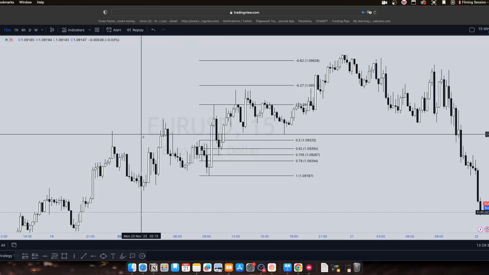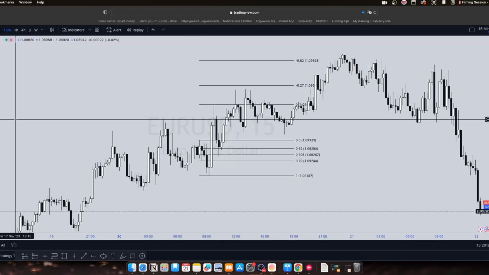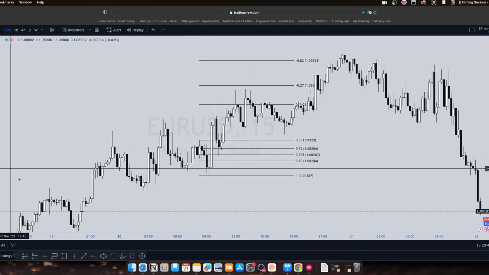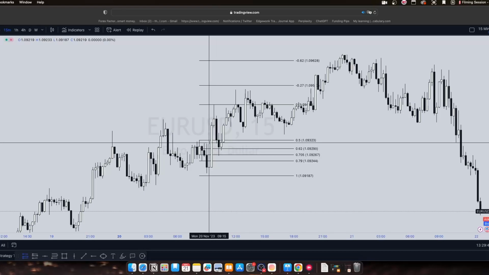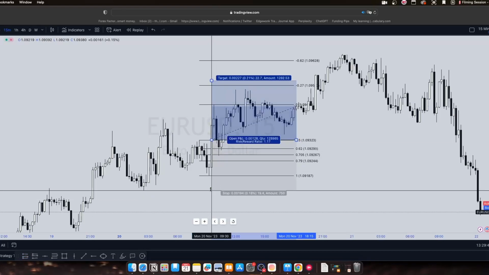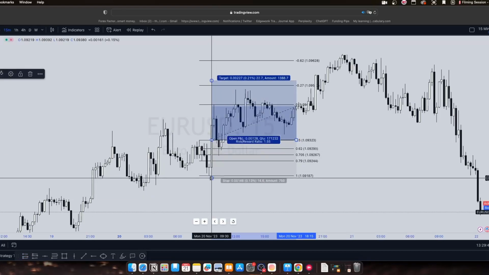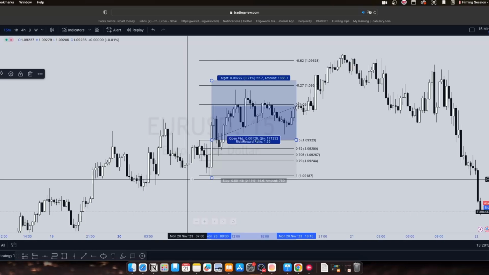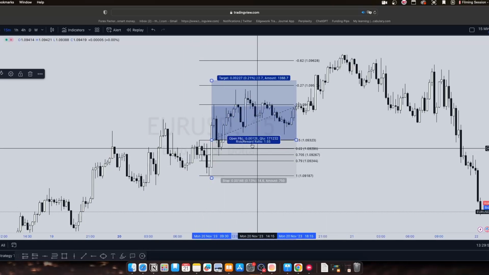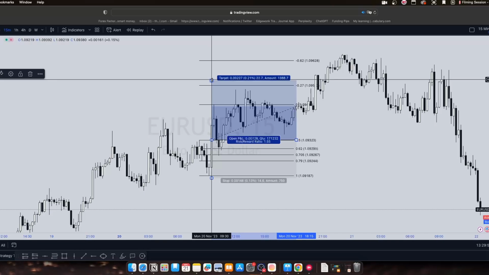So, simple. Once it came in here, you enter. Place your stops below whatever, wherever you choose to place your stops: below the order block zone, below the fair value gap, below the market structure low, below support and resistance, whatever.